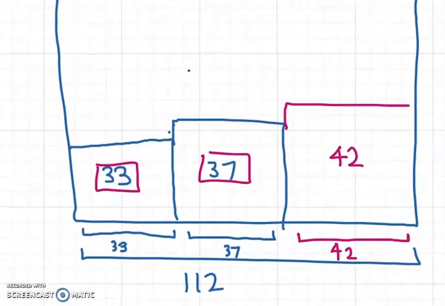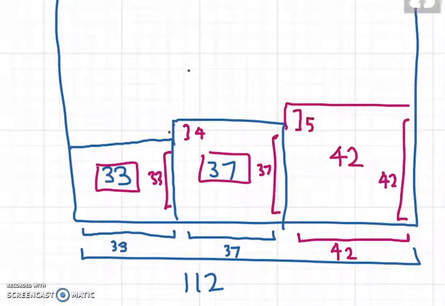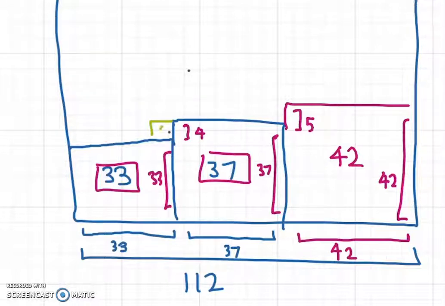Okay, we have distance 37 here and 33 here. They must have a distance 4 here, and have a distance 42 here. So we have a distance 5 here, which means I can make a square of side length 4 here.